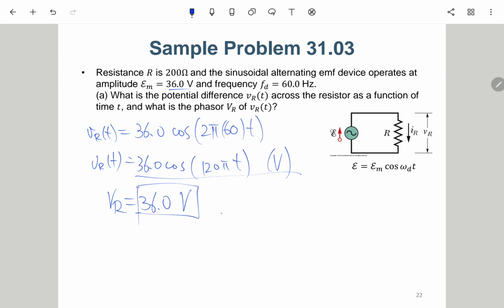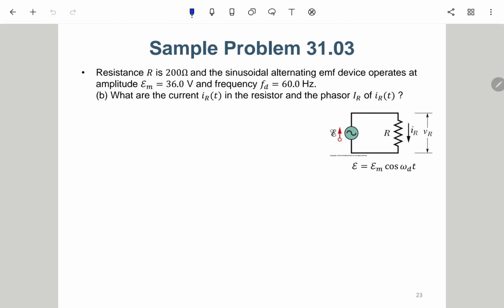This is the phasor. So for a resistor, it is very, very trivial. It also asks what are the current IR of t and the phasor IR. IR of t is VR of t over R, which is 36.0 over 200 times cosine of 120 pi t.